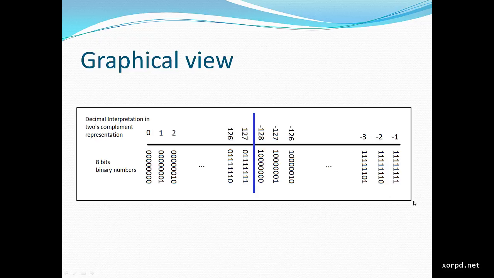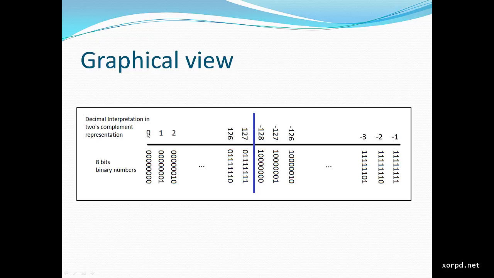There are some other interesting things in this picture. For example, the most positive number, 127, is not as positive as the most negative number is negative. Maybe to put it in other words, the absolute value of the most positive number is lower than the absolute value of the most negative number.